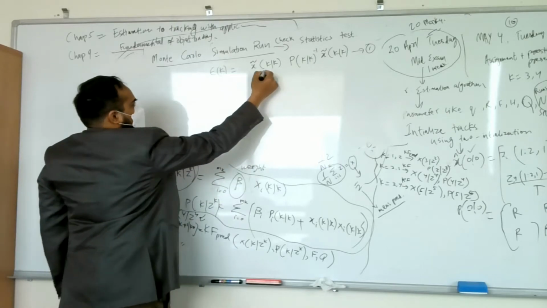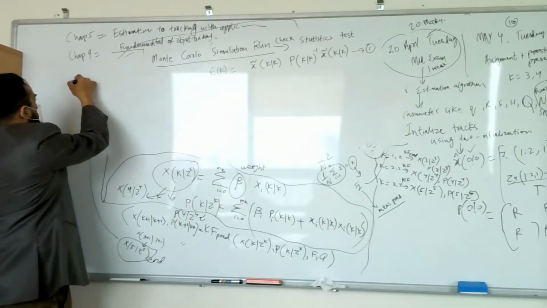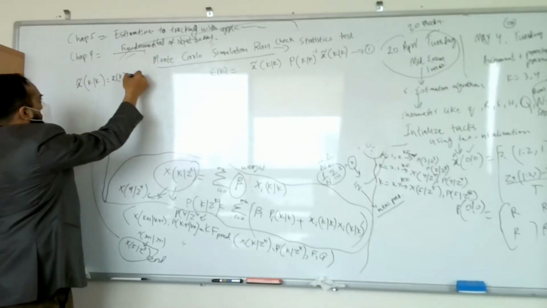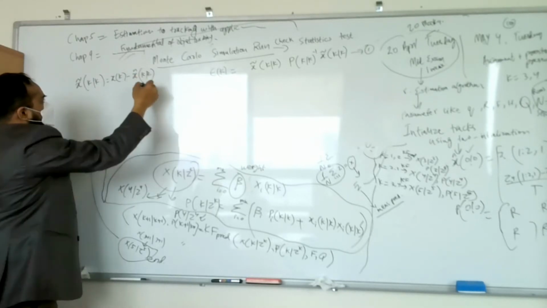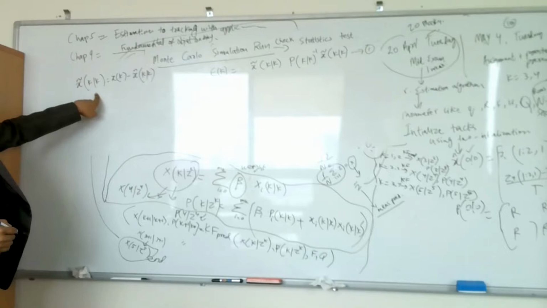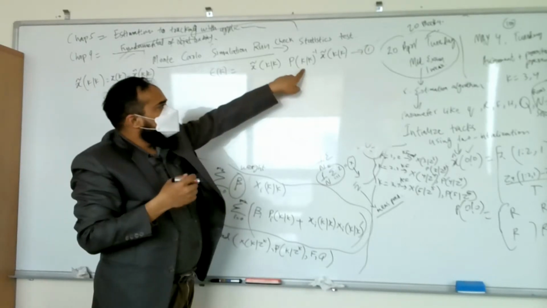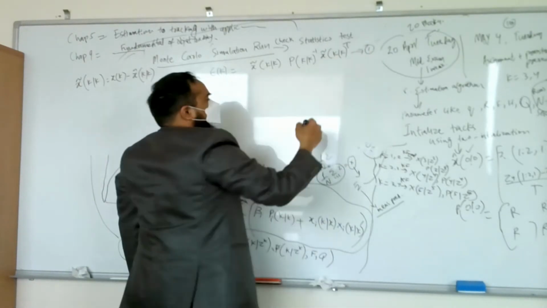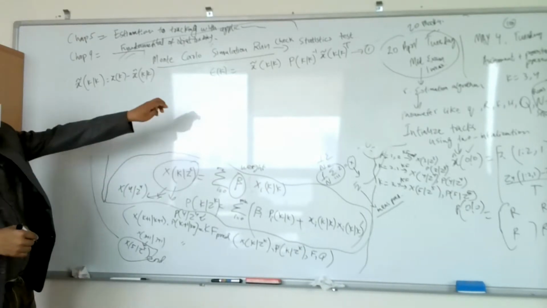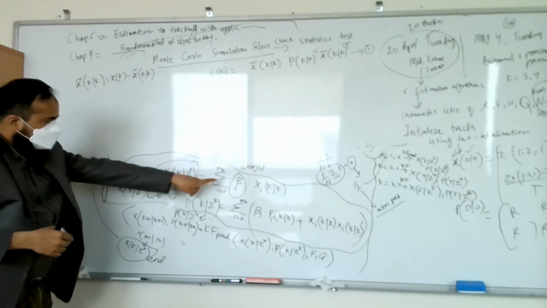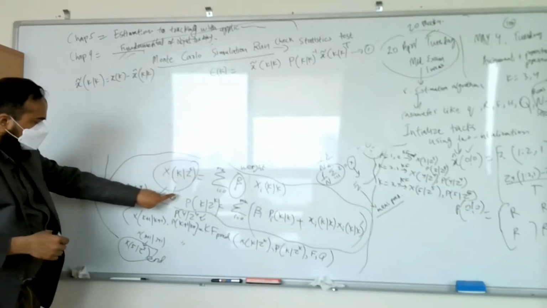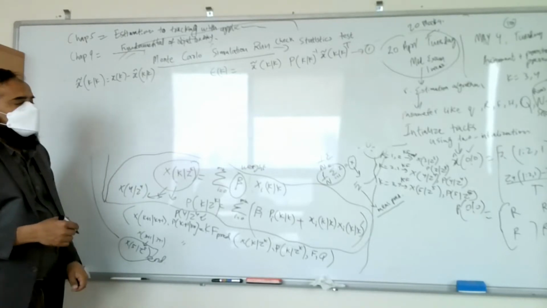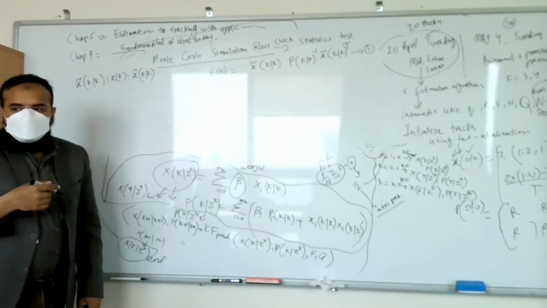This is the error, and this is the filter covariance, and T is for transpose. So you have to check the output of this, the total probability theorem, with this one, and check whether it satisfies the chi-square distribution or not.